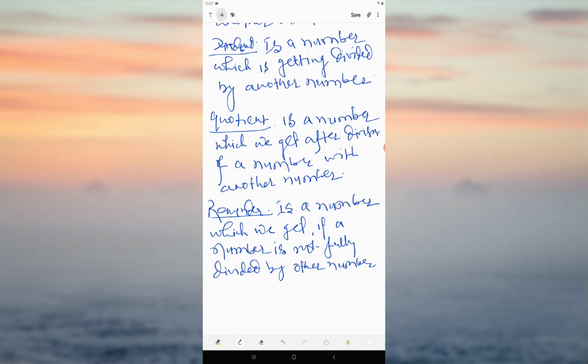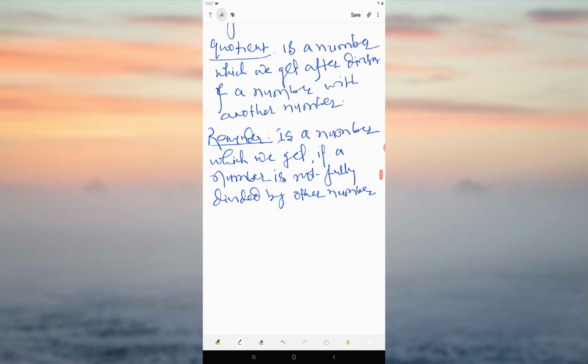Okay? So what is the basic funda of the thing? Divisor equals, sorry, by mistake, it should be dividend.